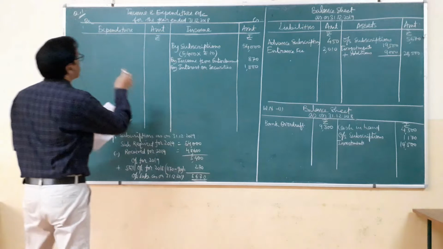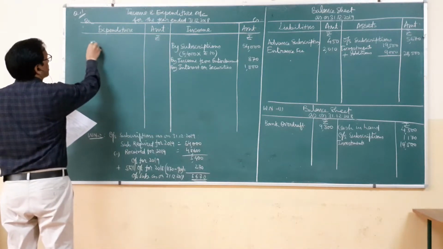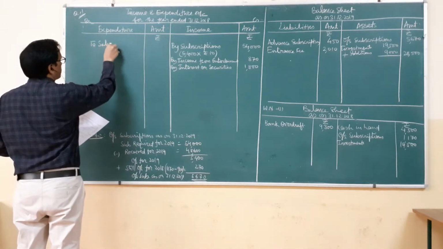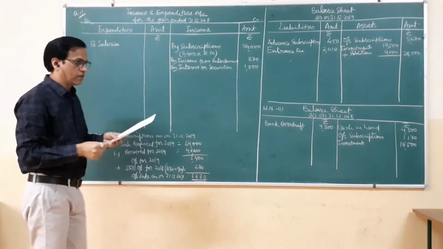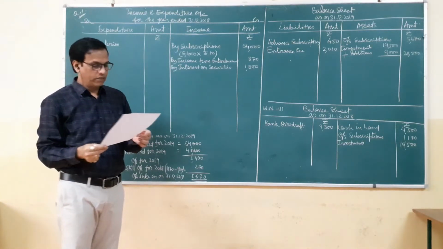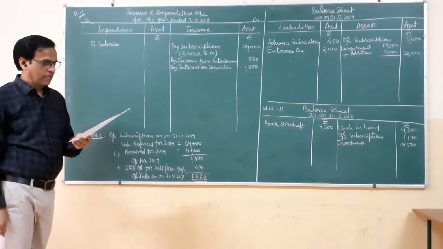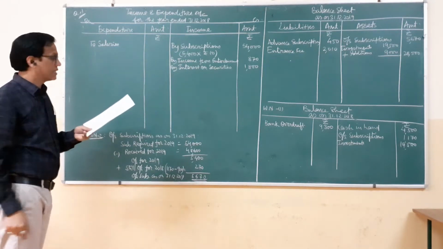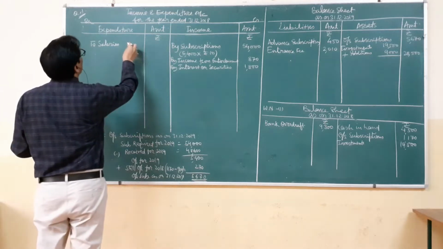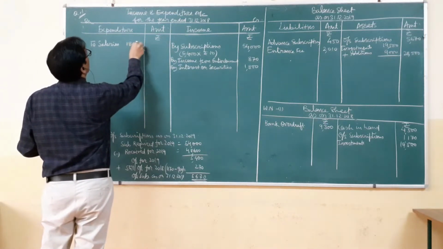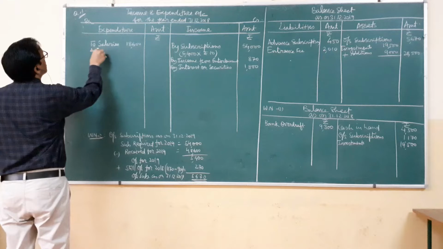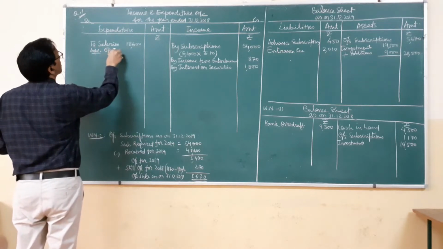The next is salaries. By salaries, so this we take on the debit side of the income expense account. To salaries, and we check any additional information. So yes, point number 4 is given that 1,650 of salary for December 2019 is outstanding. So here we write 18,600 in the column, and we add the amount of outstanding salaries.